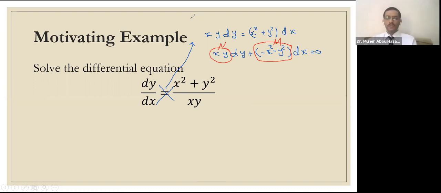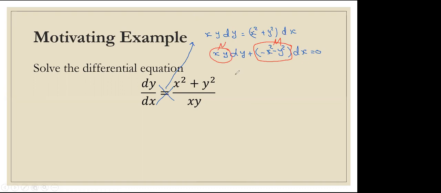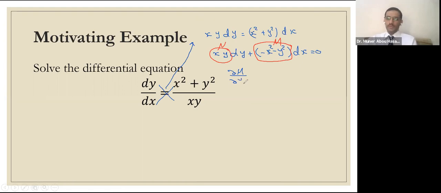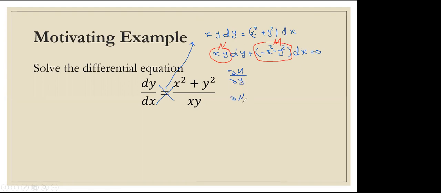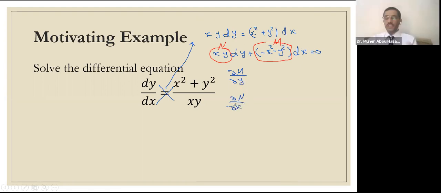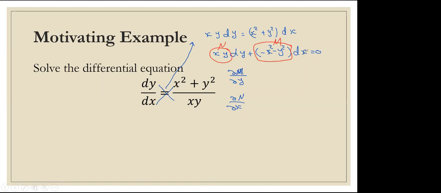Now let me check the condition. Do you remember the condition? It was partial M over partial y, and partial N over partial x. You differentiate the function with respect to the other variable. Here M is multiplied by dx, so I will differentiate it with respect to y.